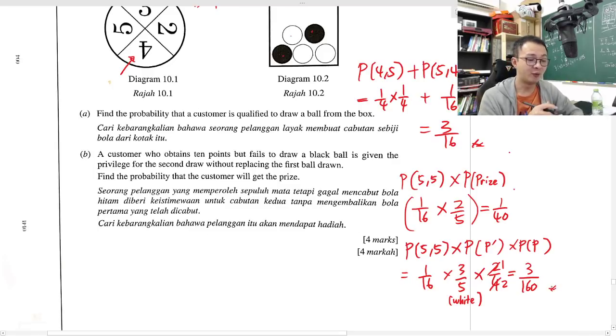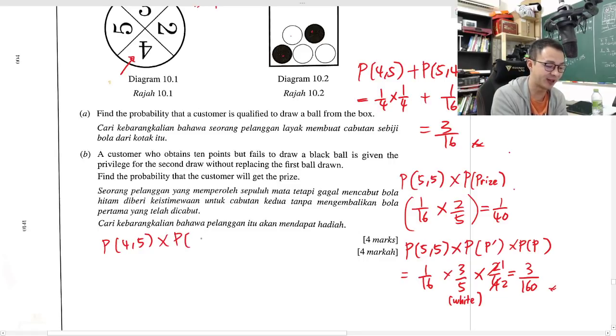But what if we get 4-5 and 5-4? If I get 4-5, I must then get the prize. The probability of 5-4 is 1/16. When I draw, I must get the prize, which means the black ball, 2/5.